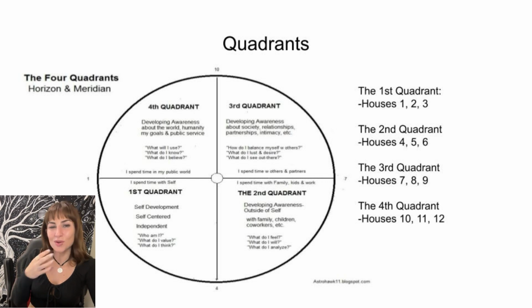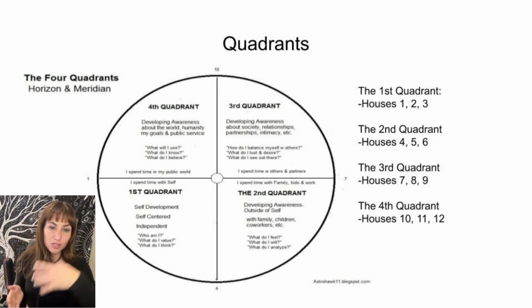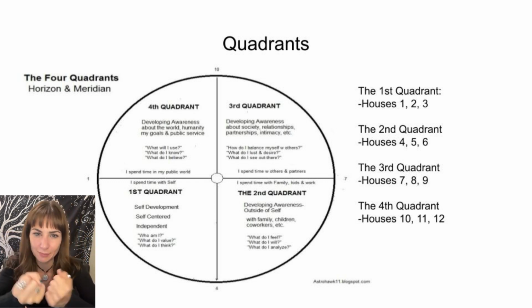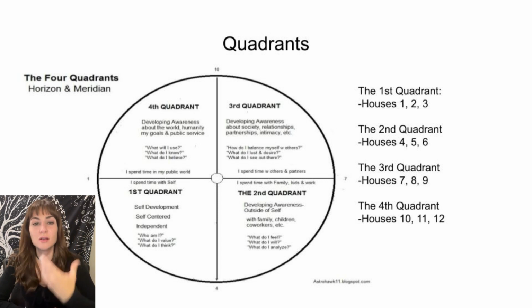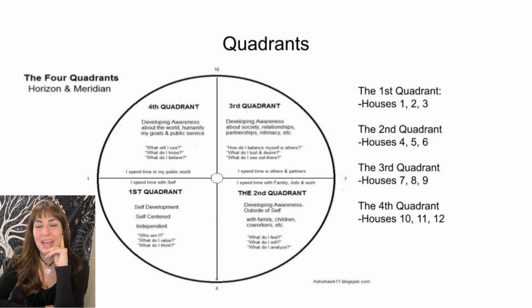Or my soul brother or whatever. That's going to be our 7th house. But when we're having a big function where a lot of people are getting together and we're just having a good time, we're not having that deep, intimate connection, just friendships, that would be our 11th house.